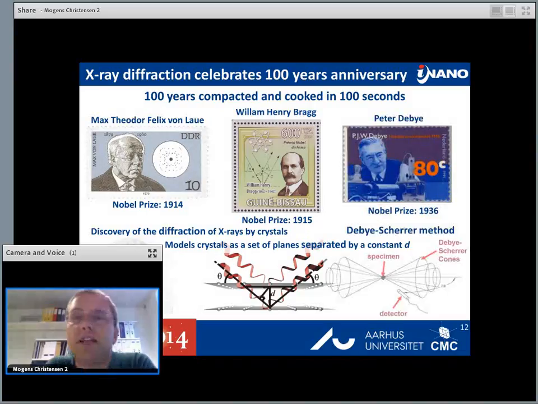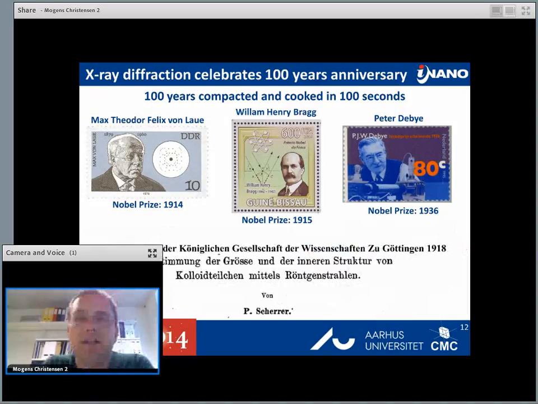Then about 20 years later, Peter Debye also received the Nobel Prize, and he developed the Debye-Scherrer method. Now, the Debye-Scherrer method is a method to measure powder samples, where von Laue and the Braggs were looking at single crystals. Debye and Paul Scherrer were looking at powder samples. Actually, already in 1918, Paul Scherrer suggested that the size of a particle can be determined from X-ray scattering.